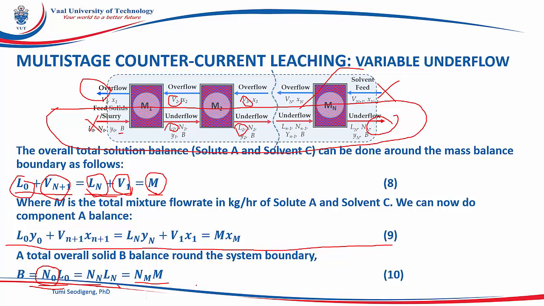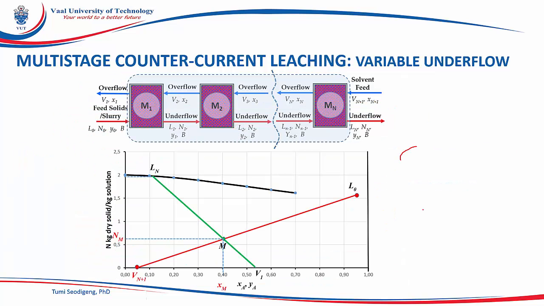As before in lesson 1, xm and nm are coordinates of point M, the mixture point, on the n versus xy plot, which is also known as the operating diagram for the process.